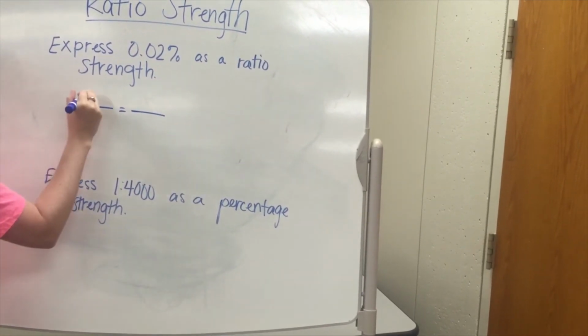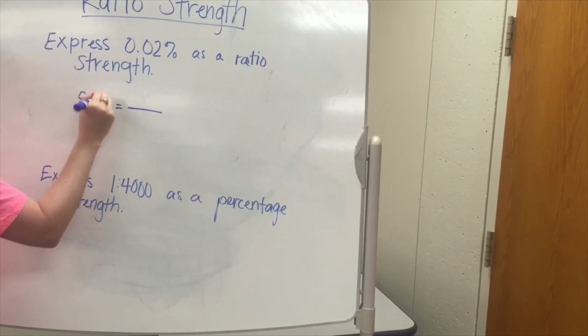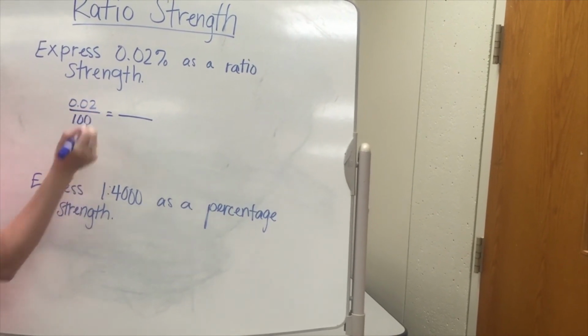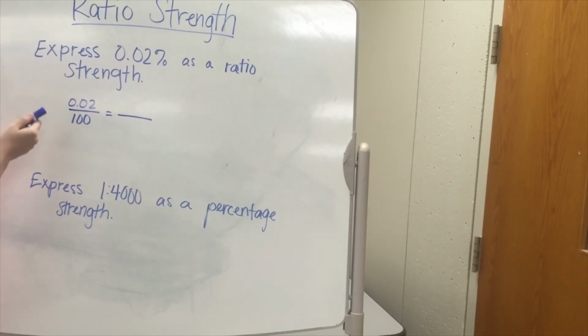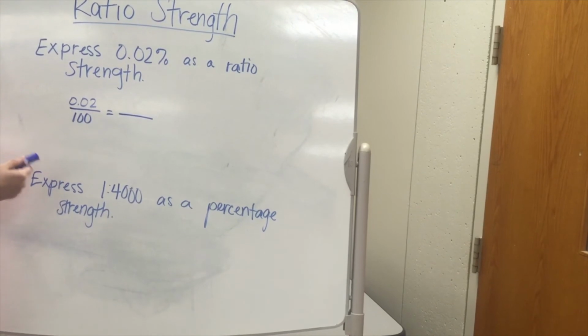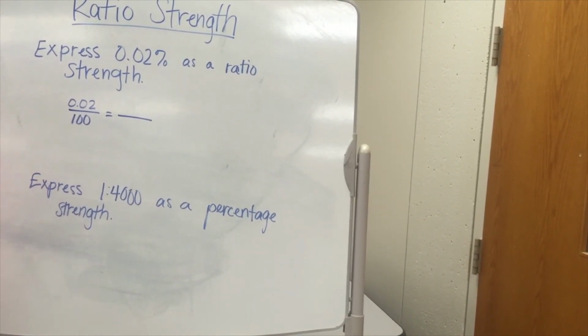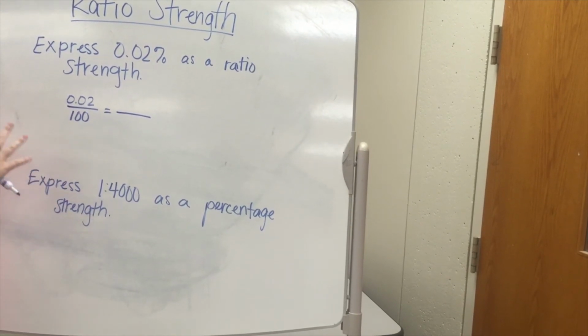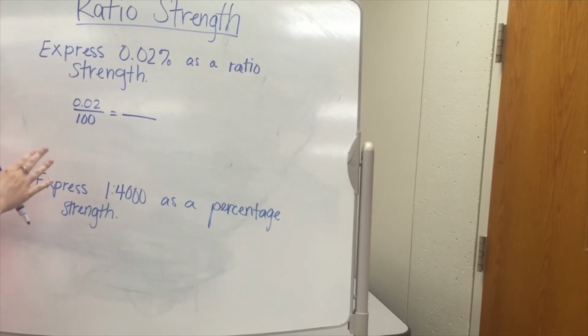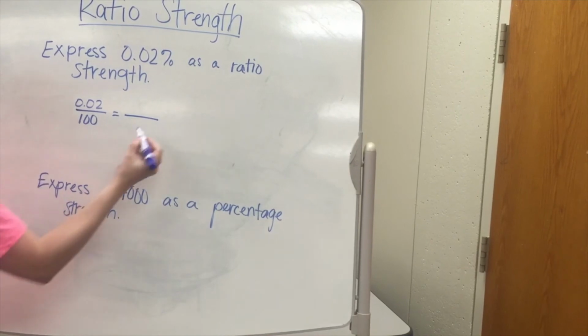We have 0.02 over 100. Like I said before, our percentages are always going to be over 100. Now we're looking at our ratio strength. It's preferred to write your ratio strengths with a 1 in front of them.